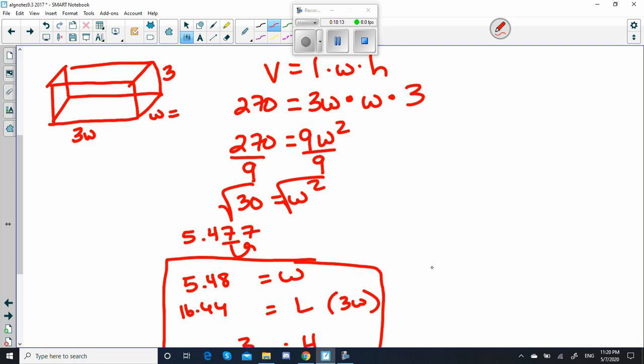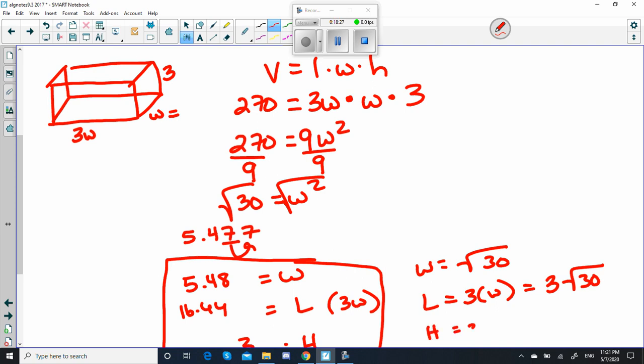So we could leave the width as radical 30. And then our length is 3W, so that would be 3 times radical 30. And then our height is just 3 because it gave it to us in the story problem. Does that make sense? Okay, I hope it does.